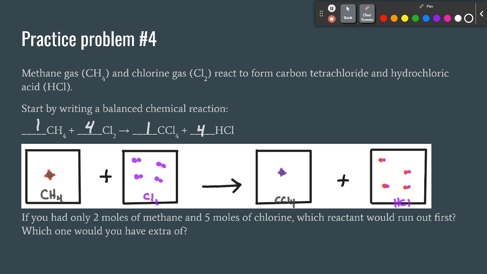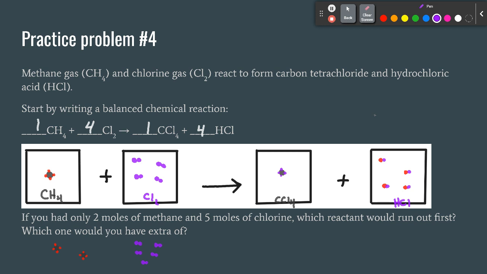Hypothetically, if I have 2 methane particles, and they each have 4 red circles on them, so if I have 2 moles of methane and 5 moles of chlorine, which means I need to draw 5 of these compounds. Which one is running out first, or which one is my limiting reactant?